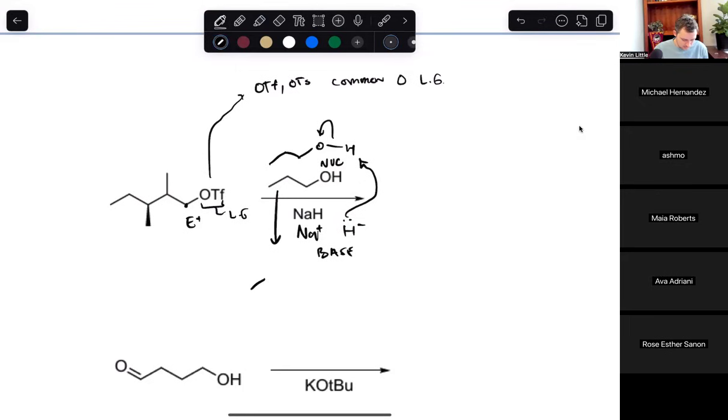After the deprotonation of my nucleophile, I have a negatively charged oxygen. Step 2 is nucleophile attacks electrophile, kicks off leaving group. Nothing else about my molecule changes, except that now my oxygen has kicked off the triflate. And I've done a substitution.